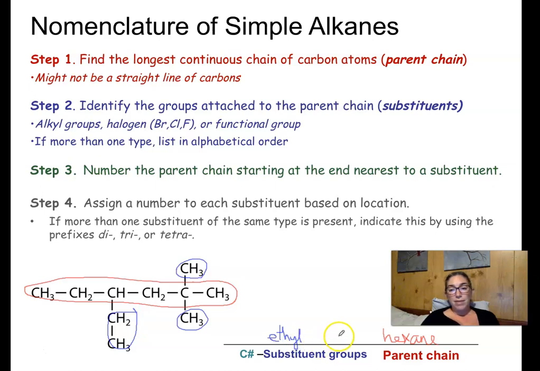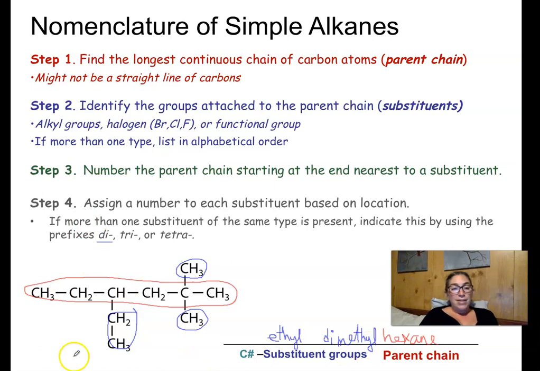And then we left a space and we wrote methyl. So you're kind of building the name backwards in a way. You start with the parent chain, but you put the parent chain name at the end. Ethyl, methyl, we actually have 2 methyl groups, so we need to use that prefix di to indicate there's 2 methyl groups. So now even though D comes before E, we don't count the prefix in that alphabetical order. We're just putting the groups in alphabetical order of their group name. And that di just tells us there's 2 methyl groups.